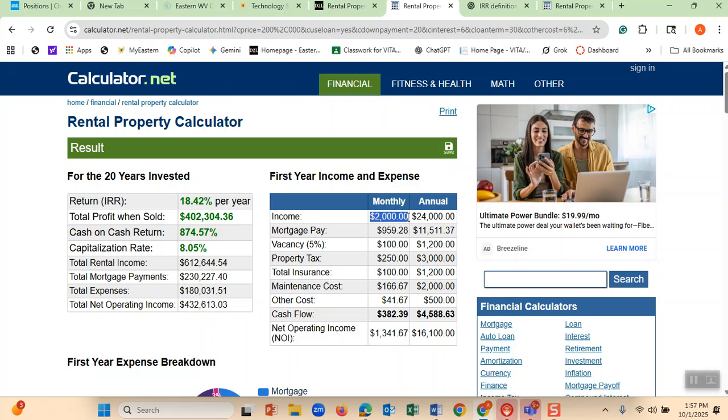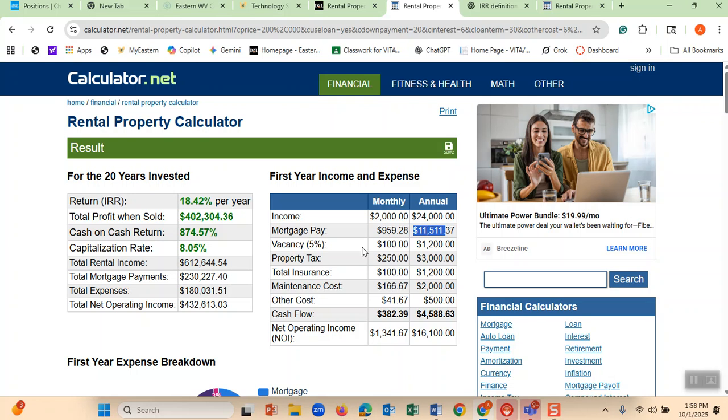Then you come here and we look at our monthly income. Didn't we say that you are going to rent it out for $2,000 monthly? You get $24,000, and your mortgage payment when you get a loan. We said that $200,000. You put 40% down. That's $160,000. You are borrowing at 6%. The bank will tell you that your monthly payment is around $959 a month for 30 years, and this is what you pay annually.